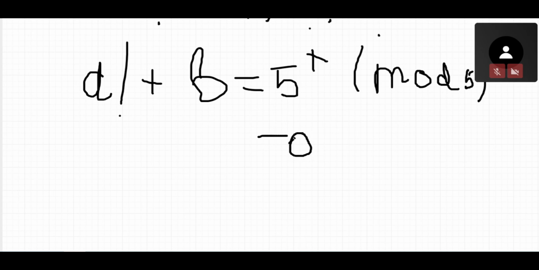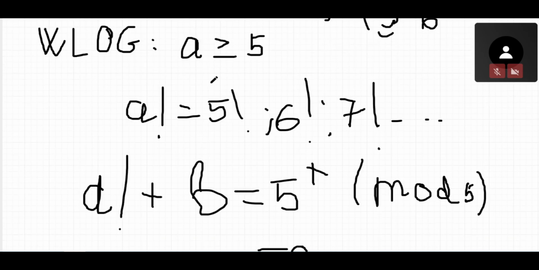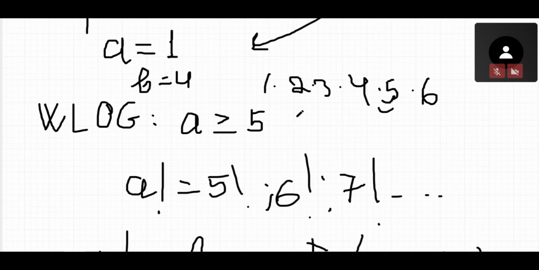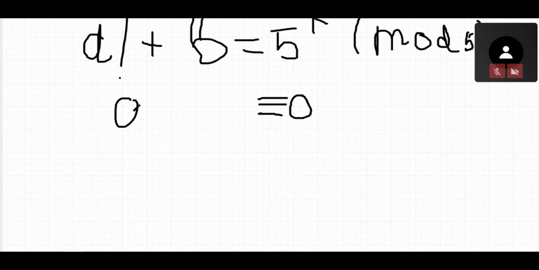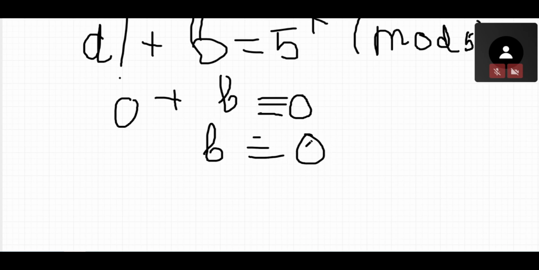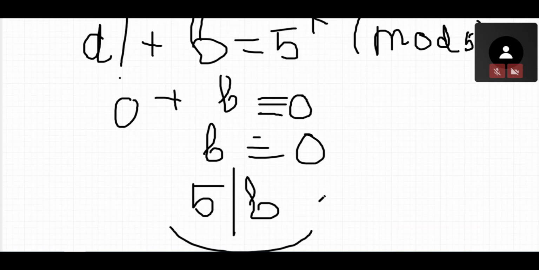Since a is bigger than or equal to 5, it is divisible by 5, so it makes 0 plus b. It means b is equivalent to 0. What do we get from this? We get that b is divisible by 5. b is always divisible by 5.